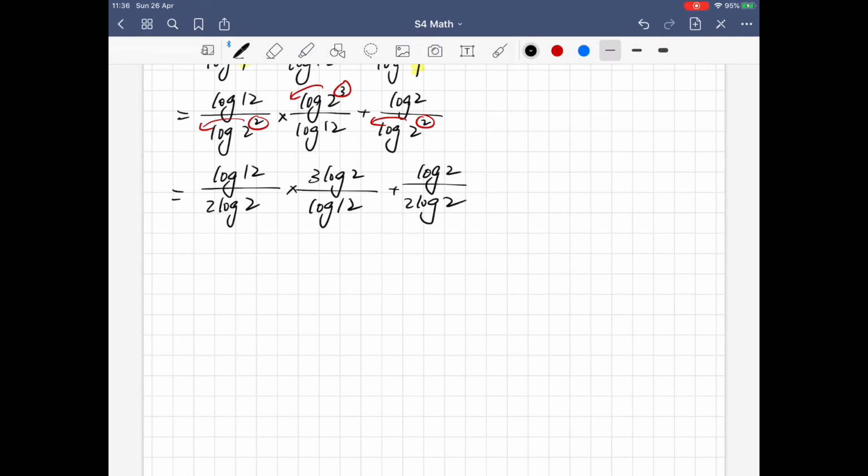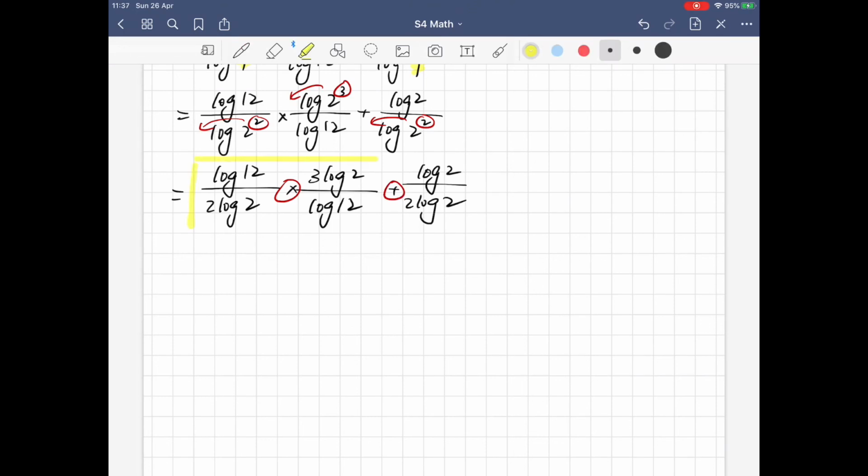And afterwards, we can do the cancellation. But be careful. As you can see, in the first and the second expression, it is a multiplication sign, while in the second and the third expression, it is addition sign.